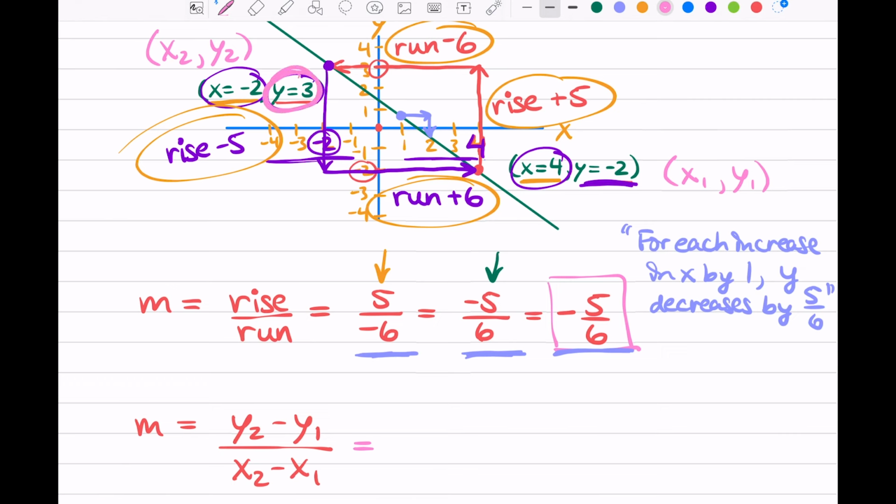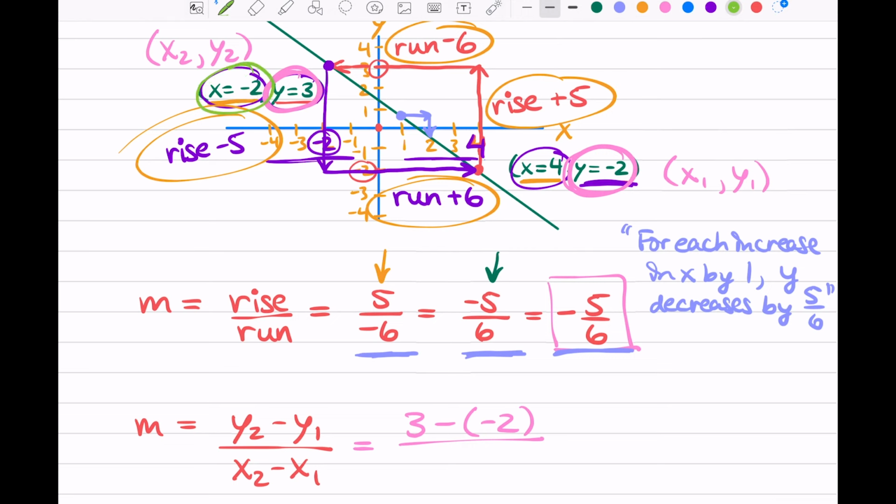That is our second y. And then we subtract our first y, which is here, -2. We'll put it in parentheses to make it look a little clearer. And we'll divide by our x's. What's our second x? Our second x is over here.